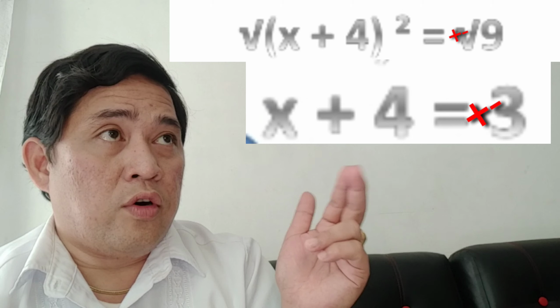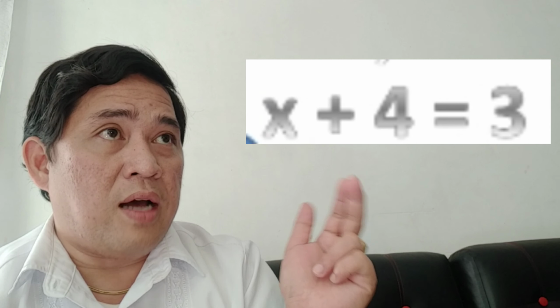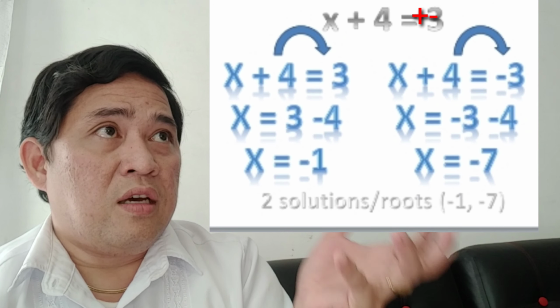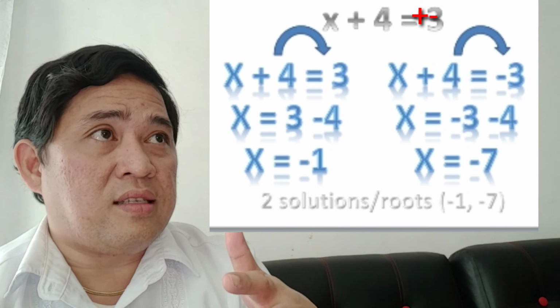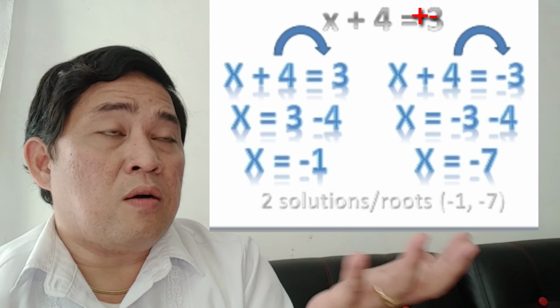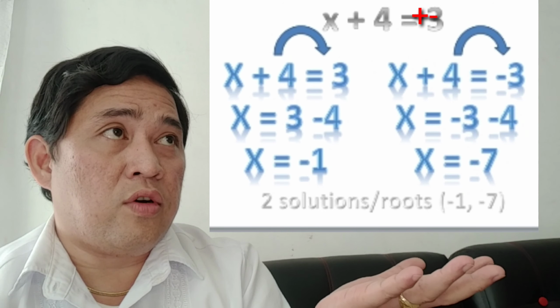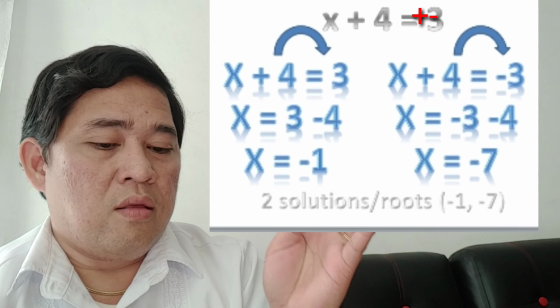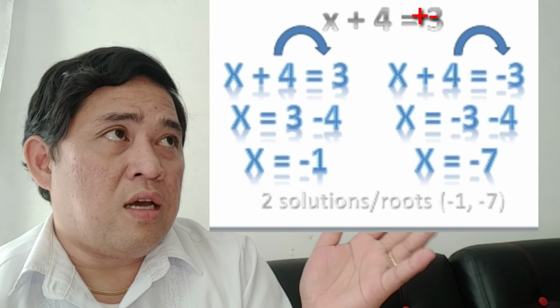Then, of course, the positive and negative remain. For us to get the value of x, we have to combine the same terms. There are 2 constant terms there, 4 and 3.